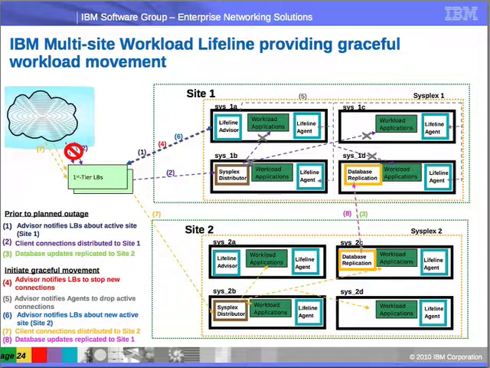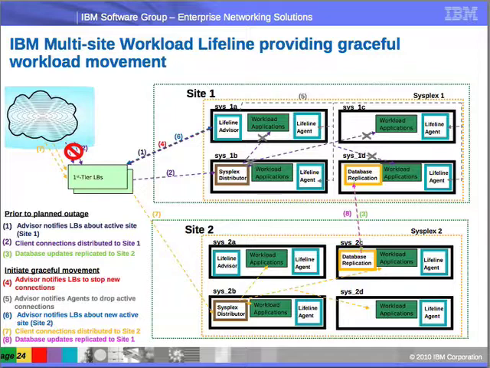At this point, we typically wait a little bit of time in case any outstanding transactions were committed on Site 1 but have not yet made it over to Site 2. Typically, software-based replication is no more than 1 or 2 seconds behind. So after a second or two, we're pretty much guaranteed that any data updates that occurred in Site 1 are now over in Site 2.